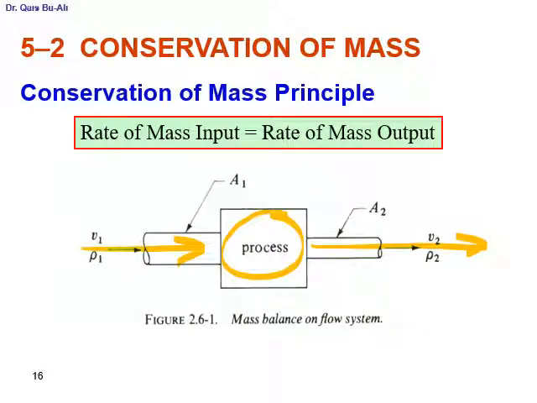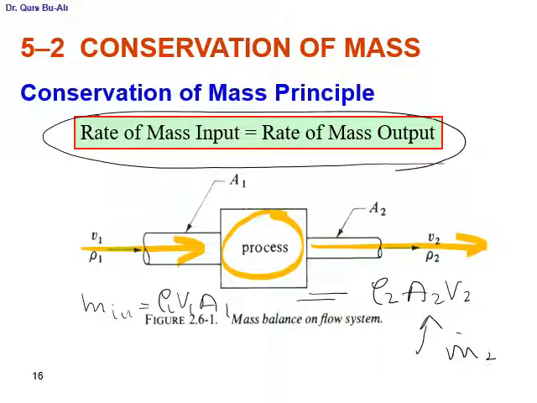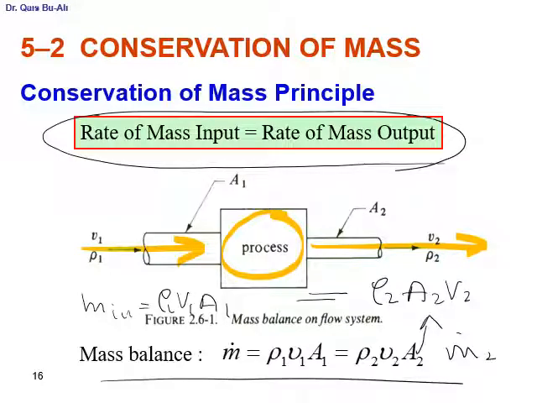If I ask you what is m dot here and what is m dot here, it will tell me that, for example, m1 is equal to rho 1 v1 A1 equals rho 2 A2 v2, which is m2. I am applying just this equation if there is no reaction and at steady state.